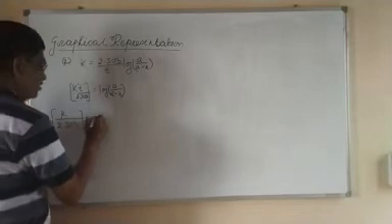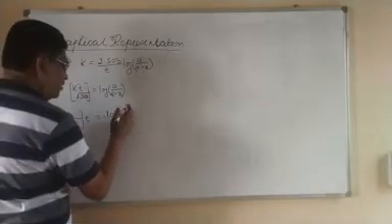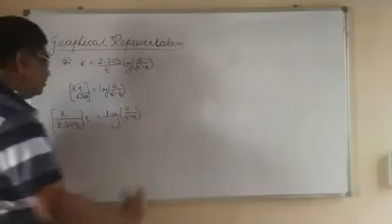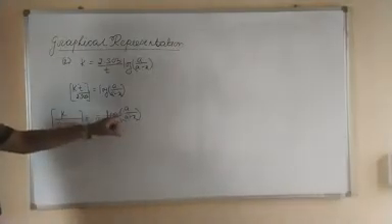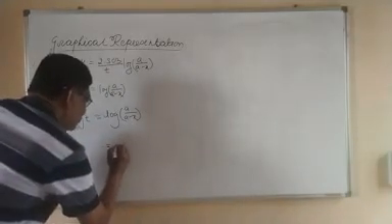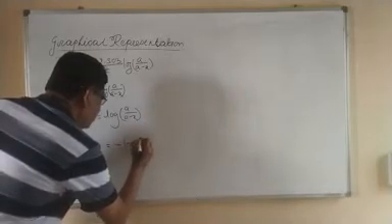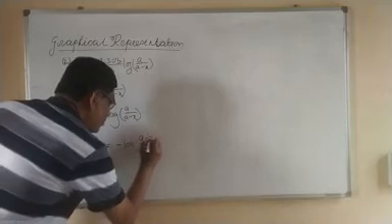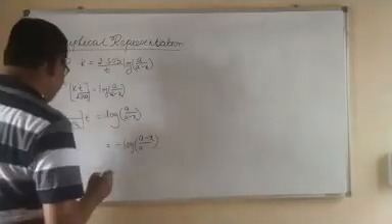Consider the same equation and only rearrange it. If numerator and denominator are exchanged, then it is minus log of a upon a minus x, because these are interchanged.